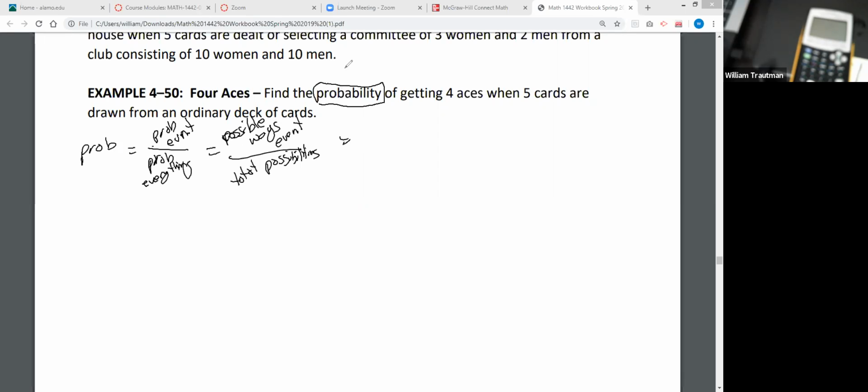So let's look at this problem. Find the probability of getting 4 aces when 5 cards are drawn. So we're going to draw 5 cards here: 1, 2, 3, 4, 5. This is a really crazy section. Probability of getting 4 aces when we draw 5 cards.